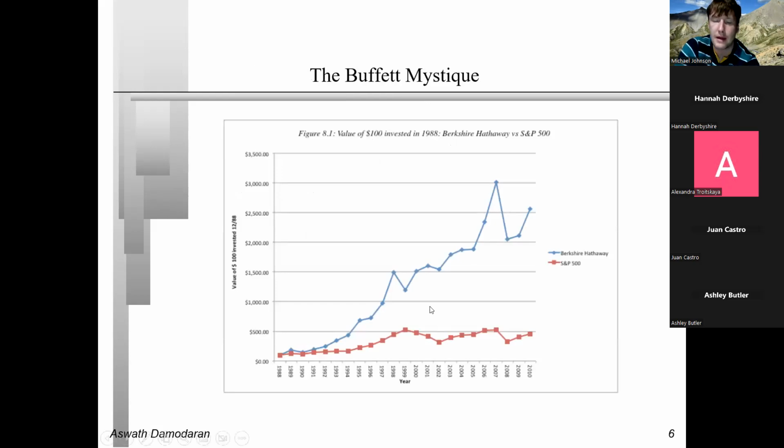Warren Buffett has used this strategy for many years, and his company, Berkshire Hathaway, has beaten the S&P 500 for many, many years. Even if you extended this graph to today, the return has been higher than the S&P 500.